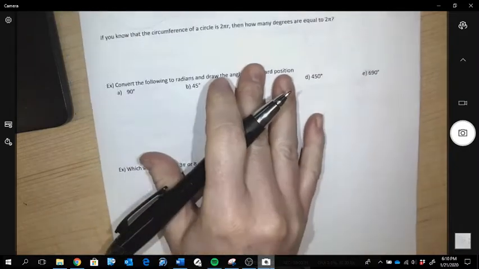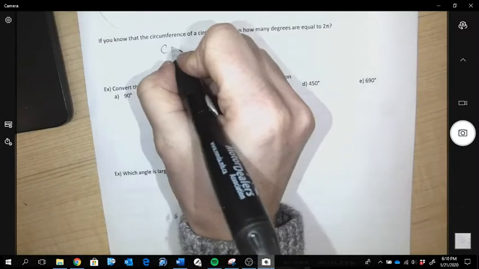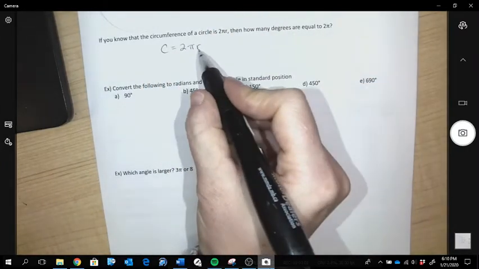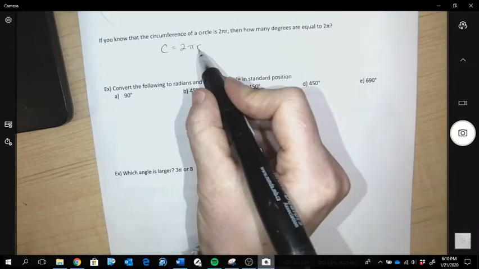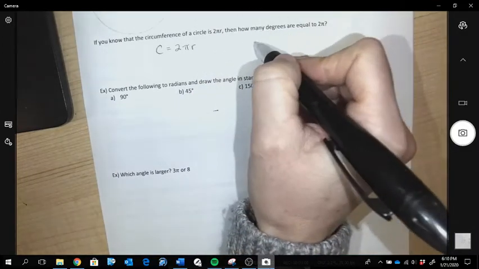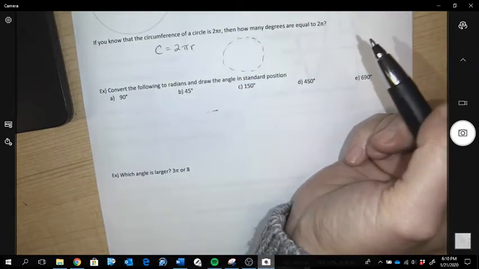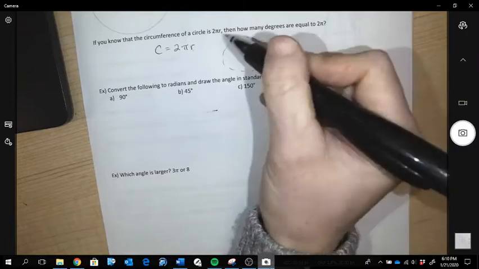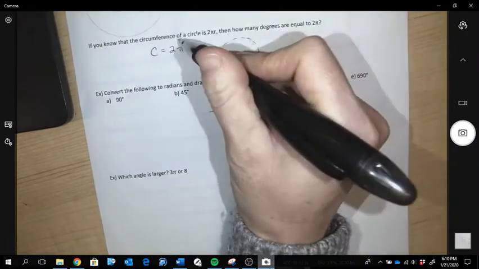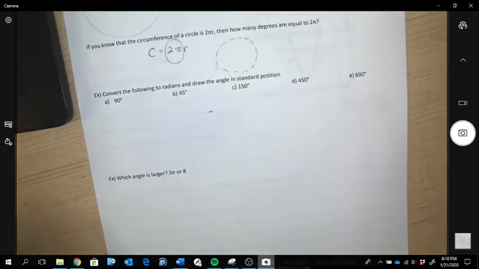Okay, so we know the formula for circumference. Circumference is 2 pi r. Okay, and radius, this is the radius. So if you think about a circumference in degrees, that's 360 degrees, right? So this is the same as 360 degrees.